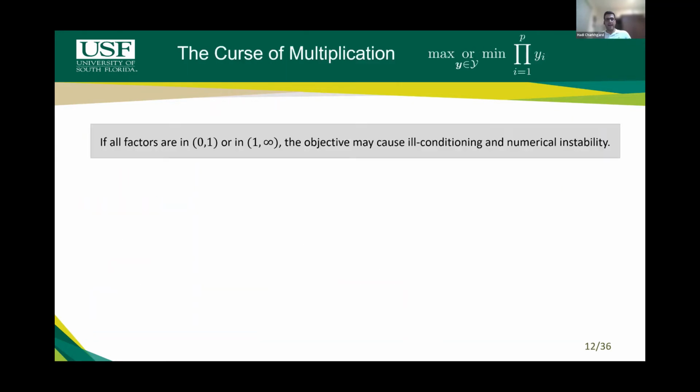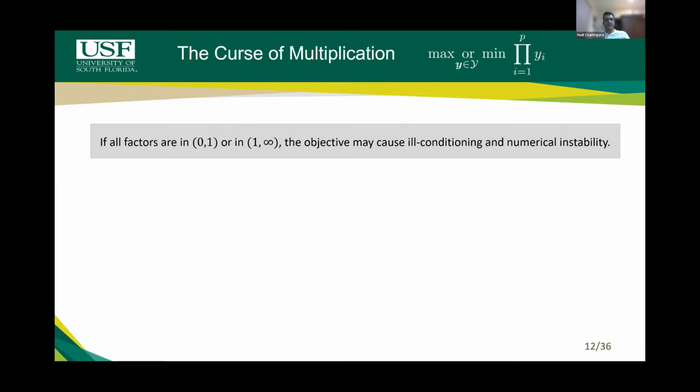Okay, so now let's talk about the curse of multiplication. When we were working on this problem, we were developing different algorithms for this class of optimization problems. We realized that when P is large, so when you have a large number of terms in your objective function, you will face some numerical issues.